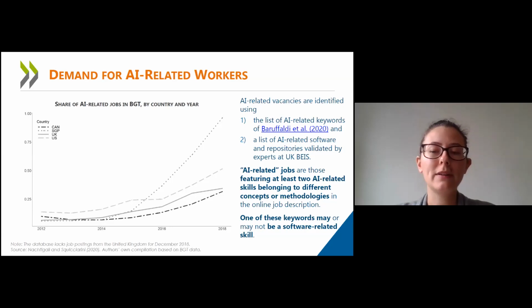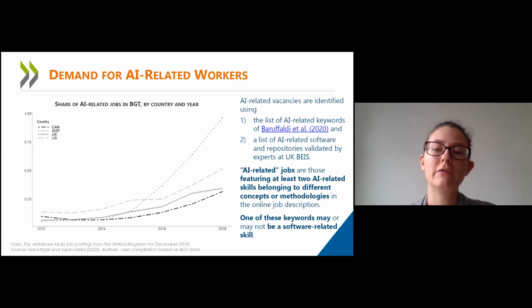So we follow a quite conservative approach here because we consider job postings to be really AI-related only if the ad contains at least 2 AI-related skills. So having simply artificial intelligence in there is not sufficient. And on top of that, these AI-related skills have to belong to different concepts or different methodologies. I think it's easiest to explain this based on an example.